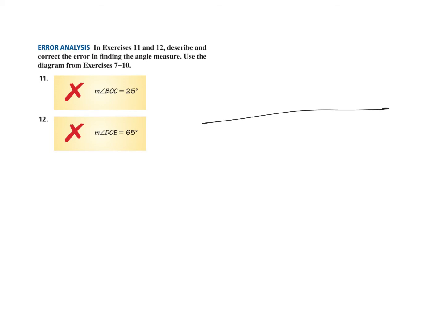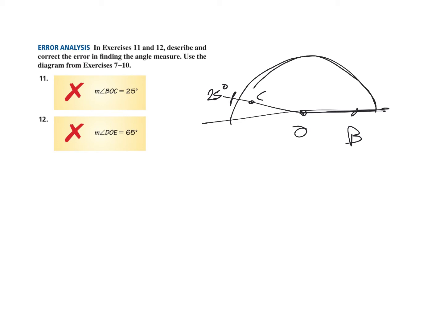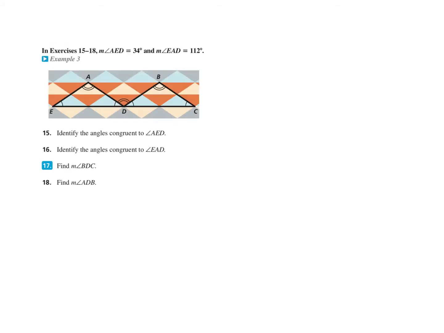Okay, you had B, O, and C, all right, they used the outside numbers here to say that it was 25 degrees. If you go and use the inside numbers here from 0, you'll get 155 degrees. Okay, so what they did wrong is they used the outside numbers.